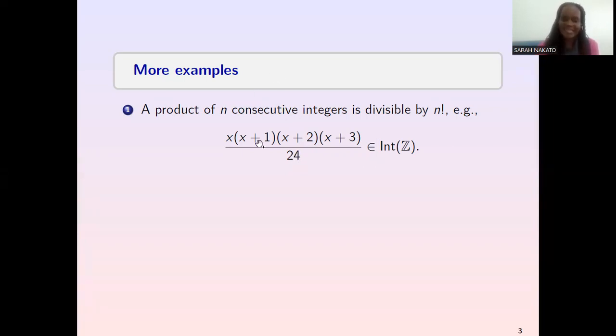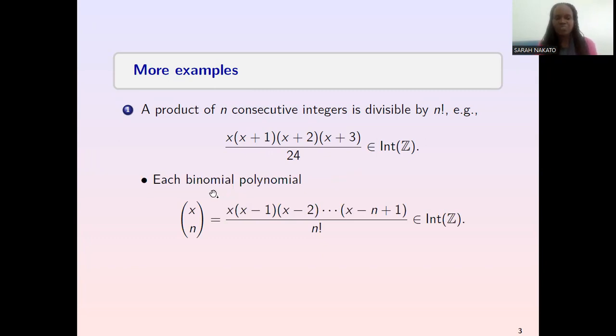So this is already integer valued. One can pick really any, as long as one is getting consecutive integers, it's integer valued. If there were 3, we would have 3 factorial. If there were 2, we would have 2 factorial.